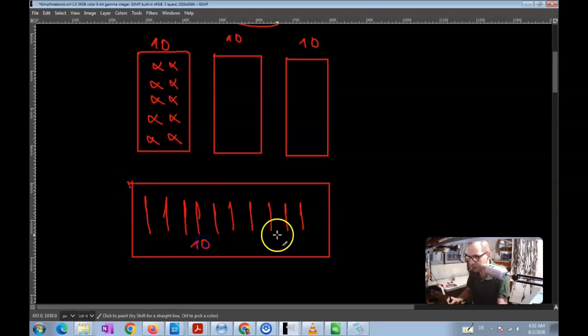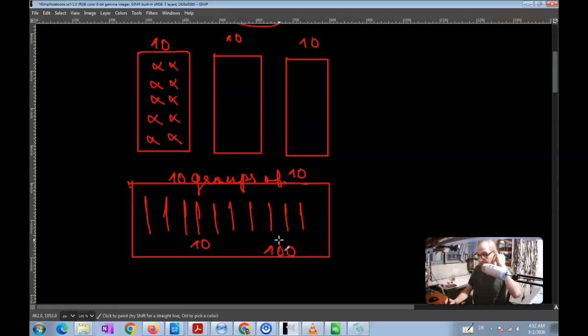This is a group of 10. So this is 10 groups of 10. Right? Now 10 times 10 is nothing but 100. So I have now a group of 100.